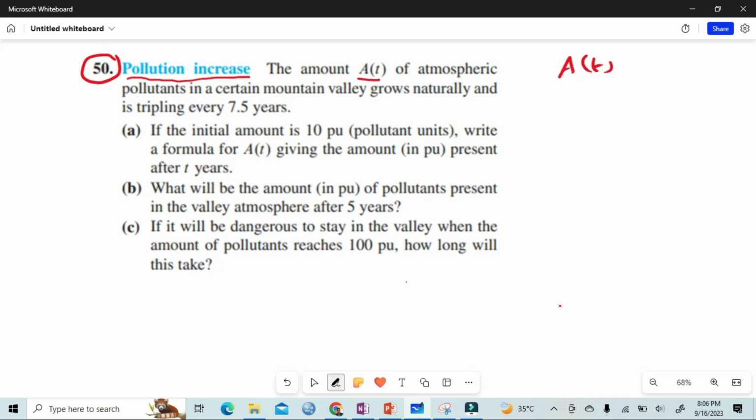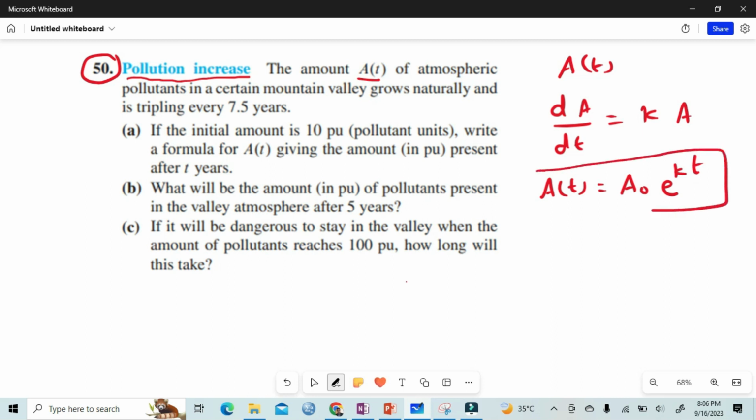So the differential equation will be dA with respect to t is, since this is increasing, positive k times A of t, and the solution will be A of t is equal to A0 e raised to k t. This is what we are going to use for question number 1.